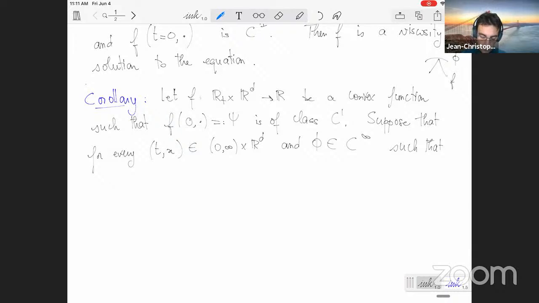So here that means that f minus phi has a, I'm going to write strict in parentheses, has a local maximum.